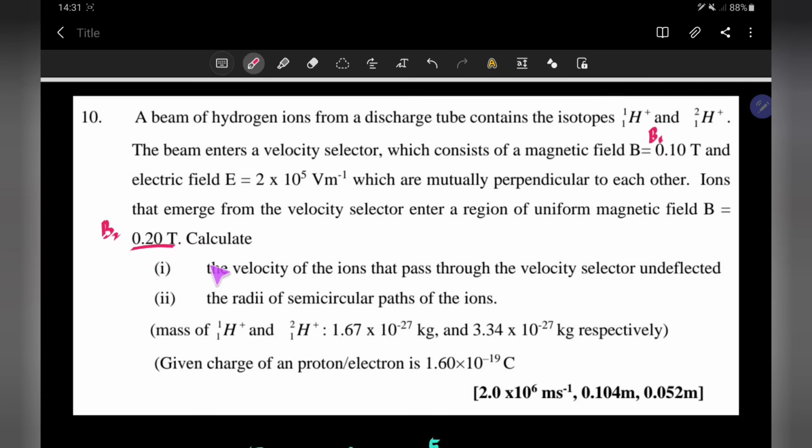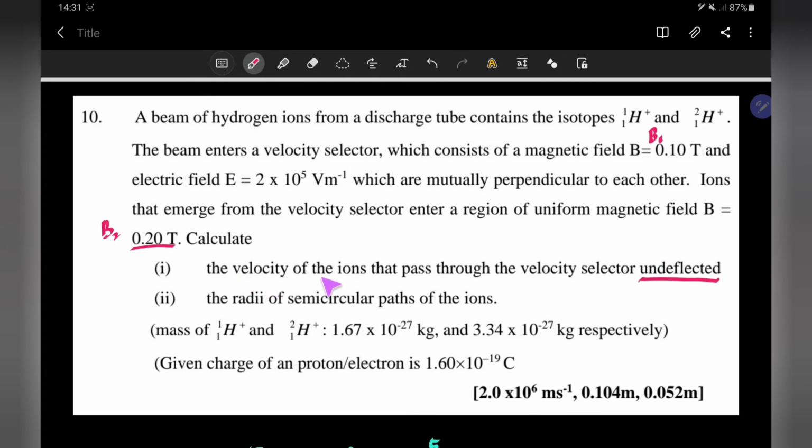Based on that, calculate the velocity of the ions that pass through the velocity selector undeflected. Undeflected is the keyword in the velocity selector, because B and E produce FB and FE in opposite directions. They cancel each other so that the object moves on a straight line without any deflection.